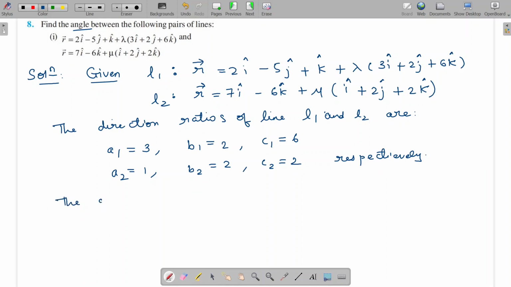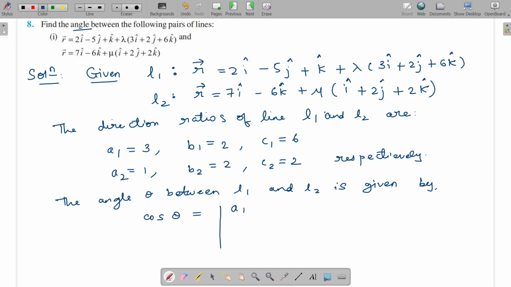The angle theta between L1 and L2 is given by, this we have studied, cos theta equal to modulus of a1 a2 plus b1 b2 plus c1 c2, right?